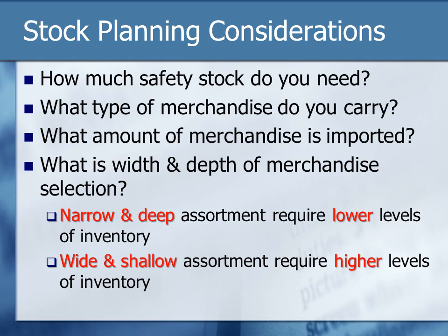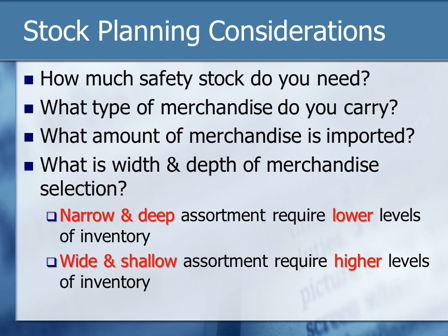Whereas if your selection of assortment is going with this wide and shallow kind of planning, that means you have lots and lots of styles and colors and sizes, but for each color, size, style, you have only a few units. Okay, if that's the case, it requires a higher level of inventory, right?